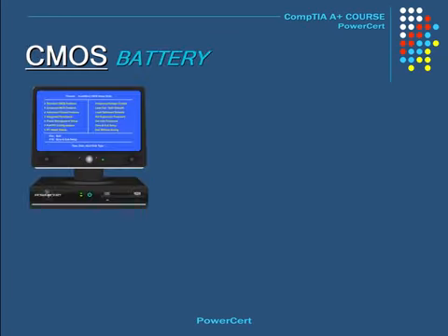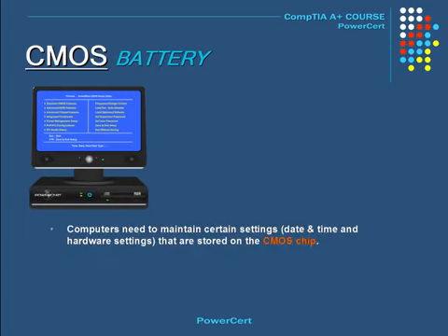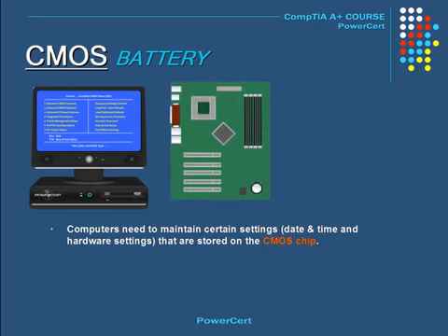After a computer is turned off, and if the power cable is unplugged, the computer needs to maintain certain settings, such as the date and time and hardware settings. And these settings are stored on the motherboard in a special chip called a CMOS chip. CMOS stands for Complementary Metallic Oxide Semiconductor.